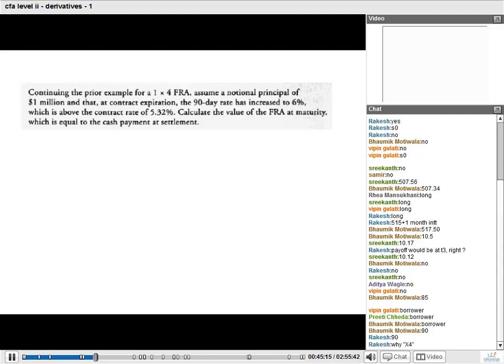So when will be the expiration of this FRA? It will be 30 days from now. So 30 days from now, I have entered into a contract at 5.32%. The actual rates are 6%.